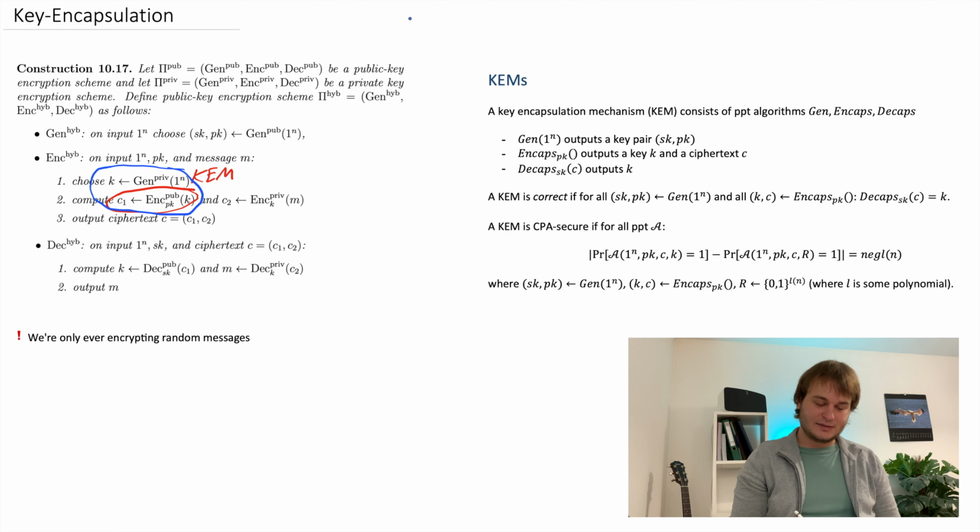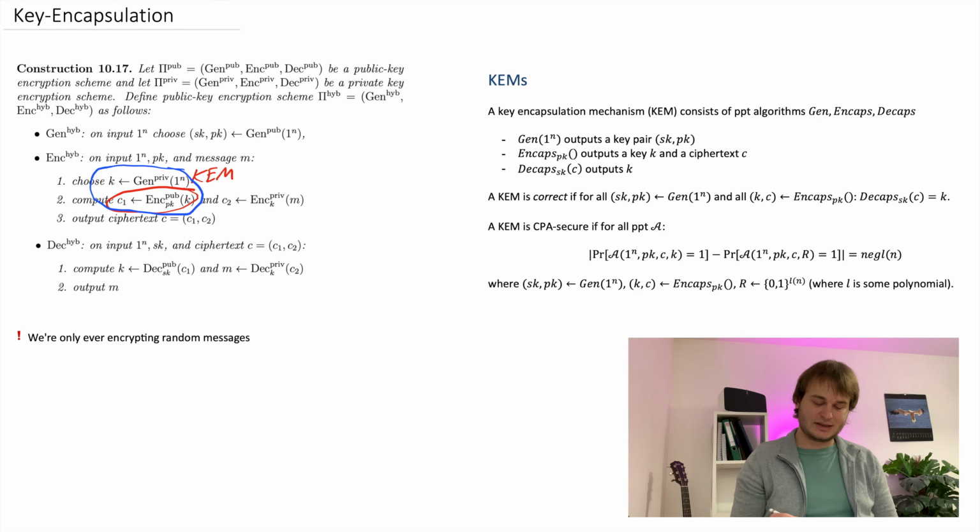Looking at this, there's a key generation algorithm that outputs a secret key and a public key. There's an Encaps algorithm that's kind of like the encryption algorithm, but this thing doesn't take any input. It will instead output a random key and a ciphertext for the key. Finally, there's the Decaps algorithm, and that takes the ciphertext from here and outputs the key k corresponding to it.